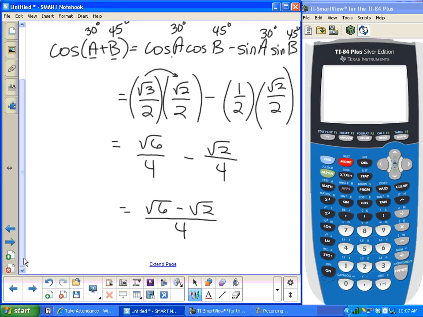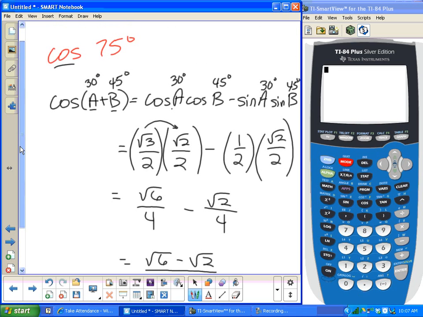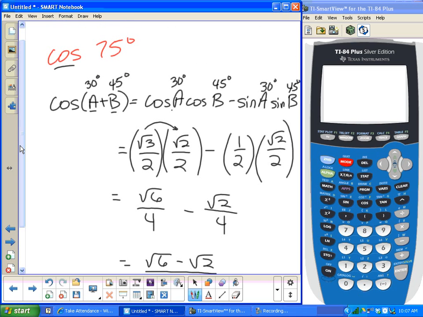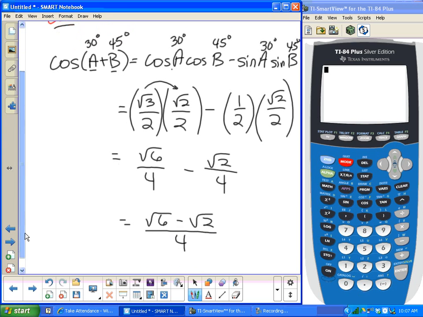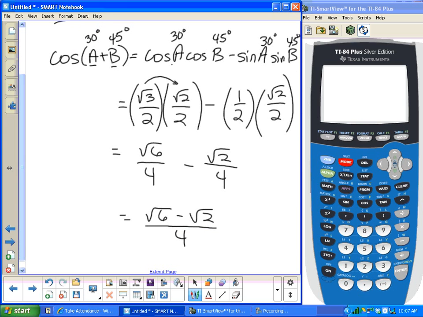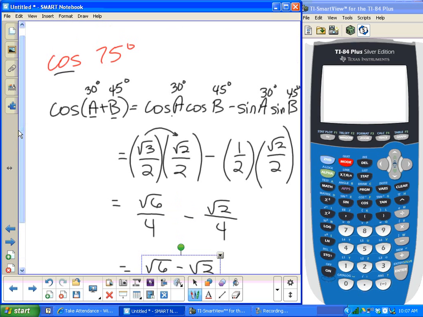Now, let's do this. What we can do, and I haven't really done this in the past with my students, is check with a calculator here. So the cosine of 75 degrees, whatever the calculator says, should be equivalent to this expression right there. So let's punch it in. Be sure you're in degrees, because we're saying cosine of 75 degrees.